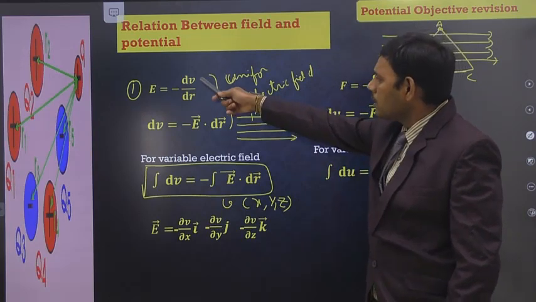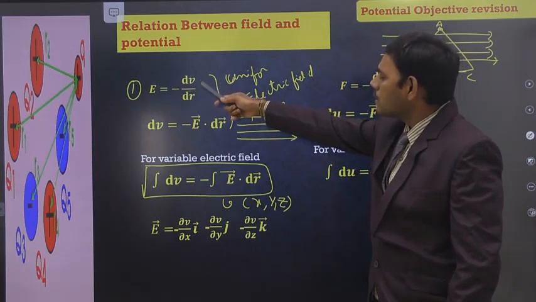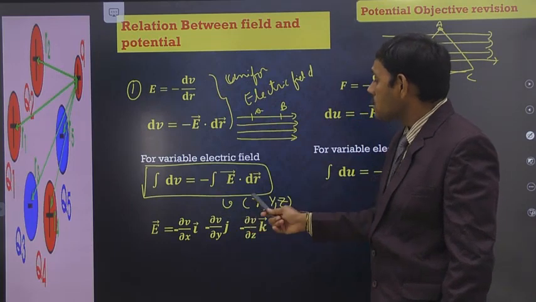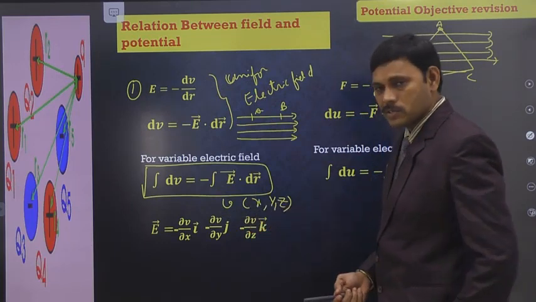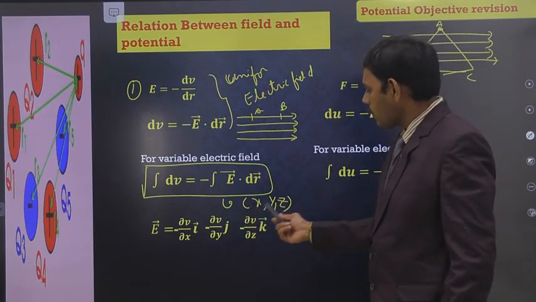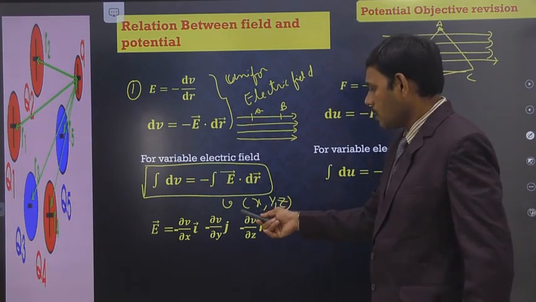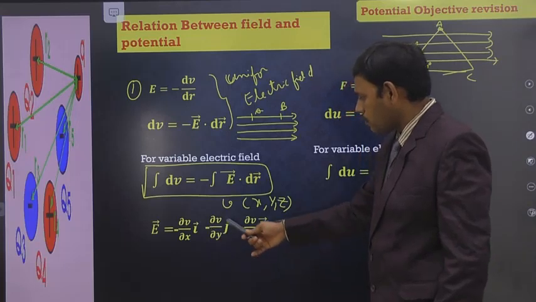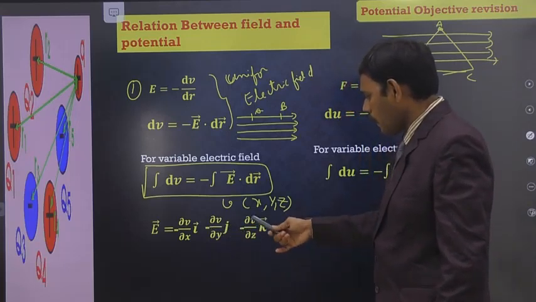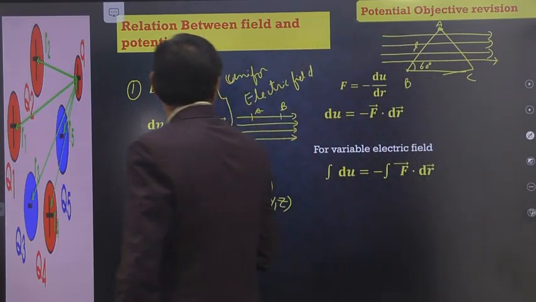Here simply when E is constant, it is minus dV by dr; when V is not constant, V is a function of x, y, z, to find the electric field in that region by knowing V, we use minus dou V by dou x into i cap, minus dou V by dou y into j cap, minus dou V by dou z into k cap.